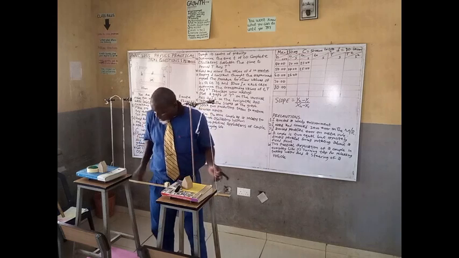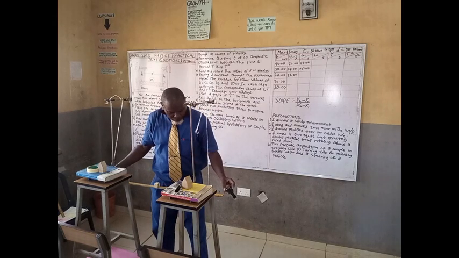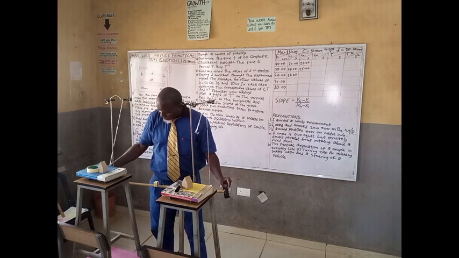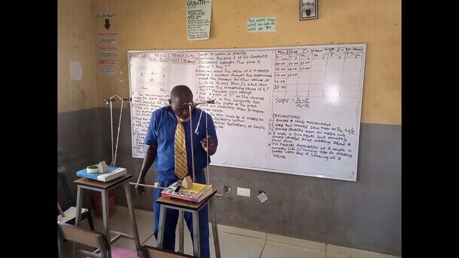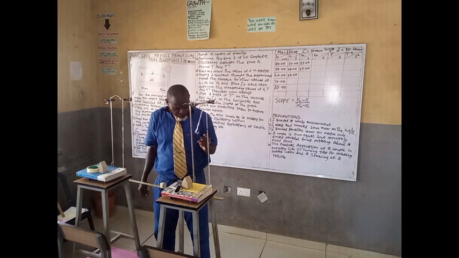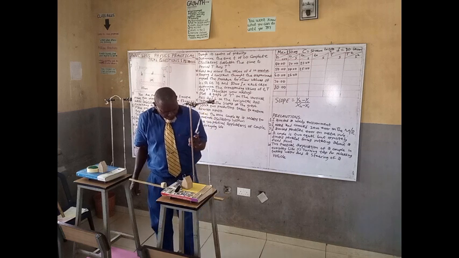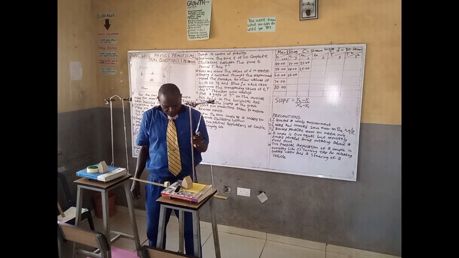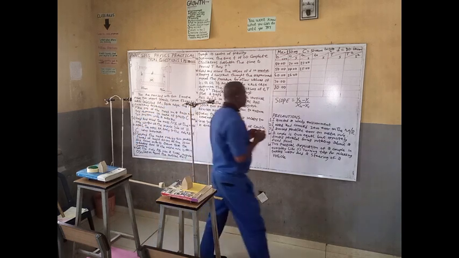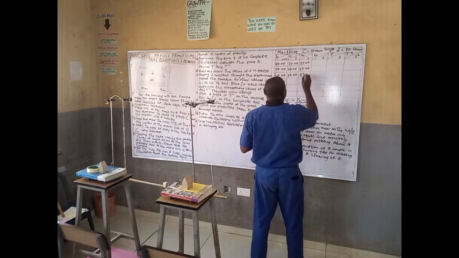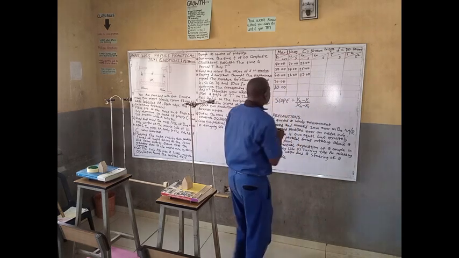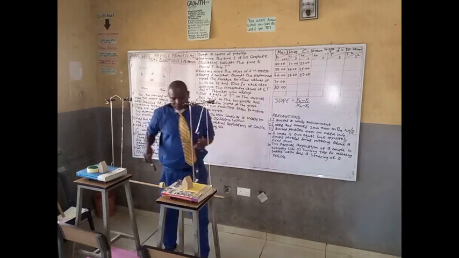Then again, I repeat it for the second time. One, 2, 3, up to 20. This is 27. Now we're going to 70.